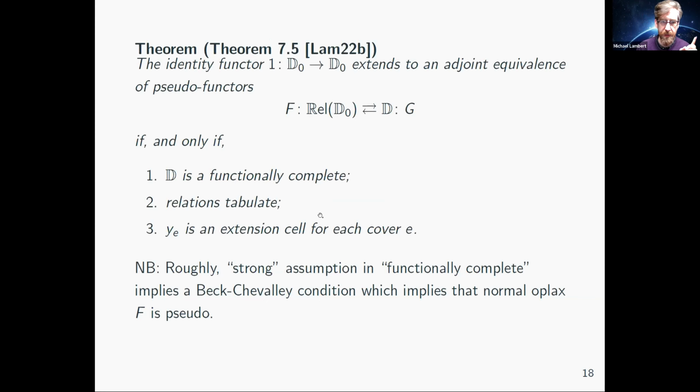So what I want to try to do is wrap up the first two conditions, namely functionally complete and relations tabulate, into one condition. And this looks a little weird at first, but I want to try to justify it. I'm thinking of this as the existence of a sub-object comprehension scheme.